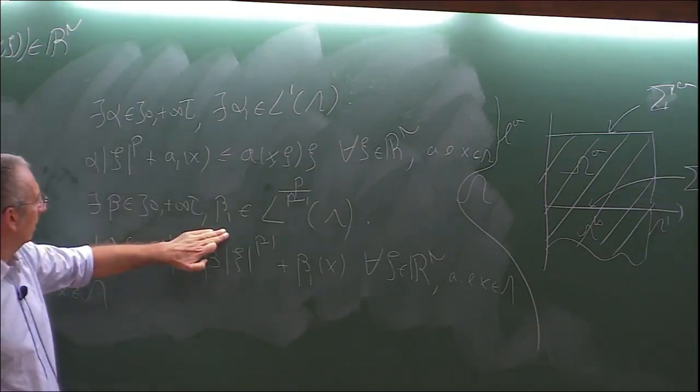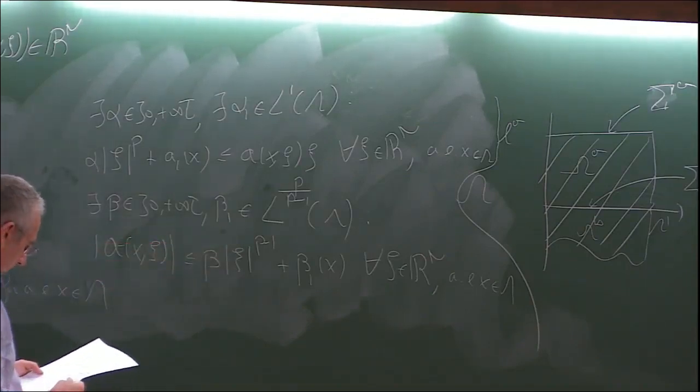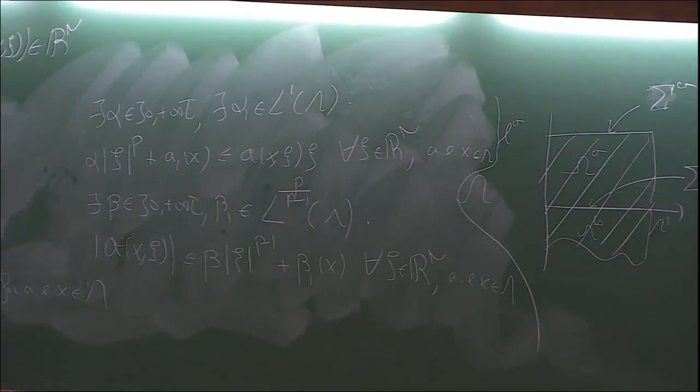Beta is in L1. Beta 1 is in L1. Okay, in the sequel we call this condition the growth p condition.